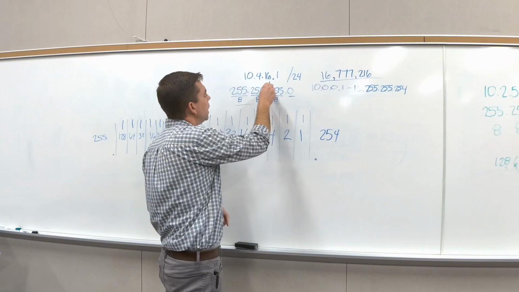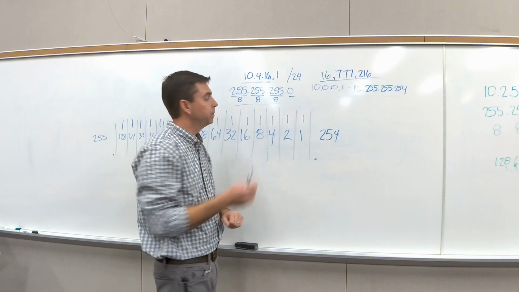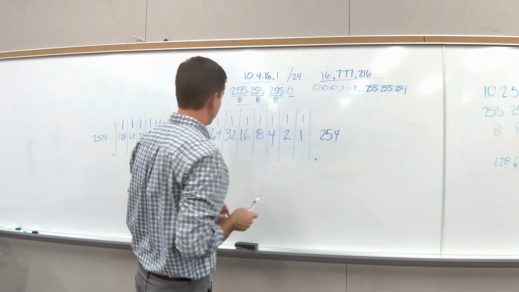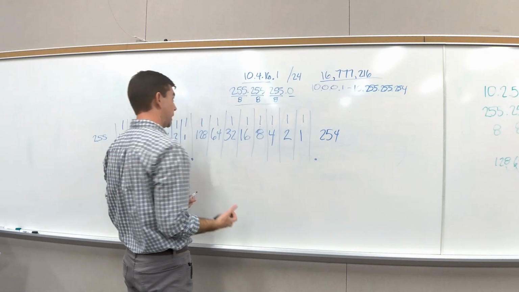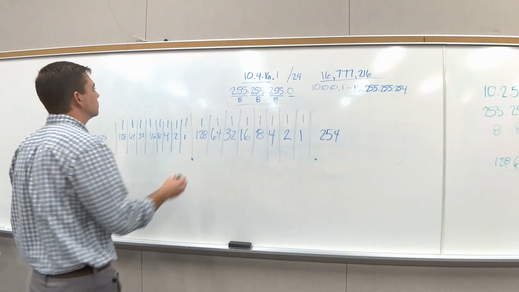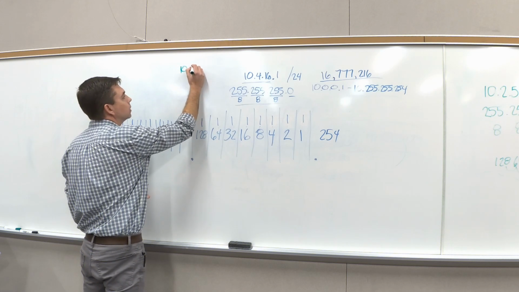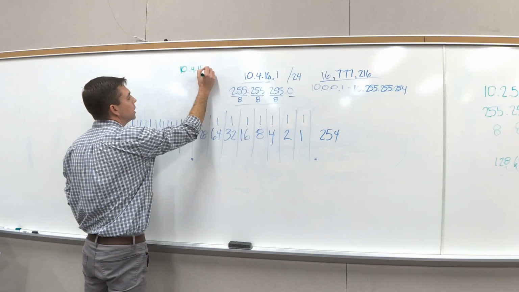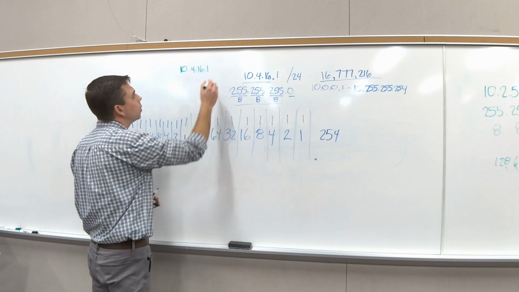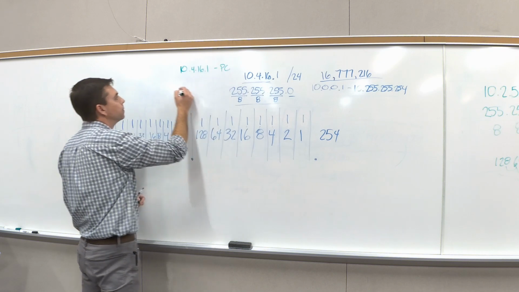So the network is always going to be 10.4.16 for particular devices. So let's say we have something that looks like this. 10.4.16.1 for, let's say, employee computers, PCs.